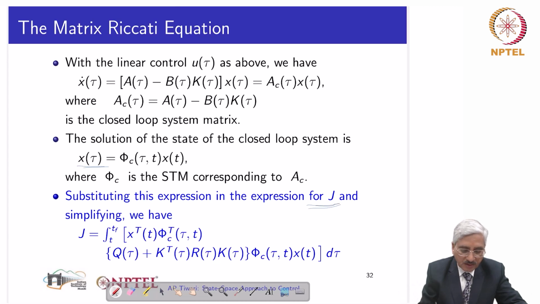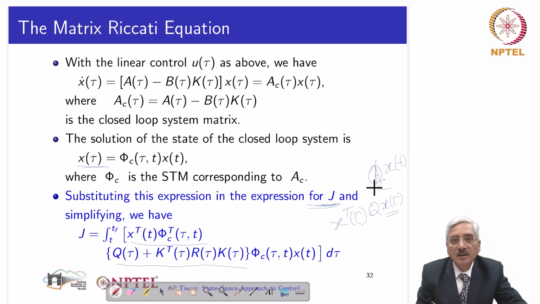So when that substitution is done, we get this, with of course some manipulation, because the J was x transpose(tau) Q x. So this x(tau) is phi_C times x(t), the initial time or present time.